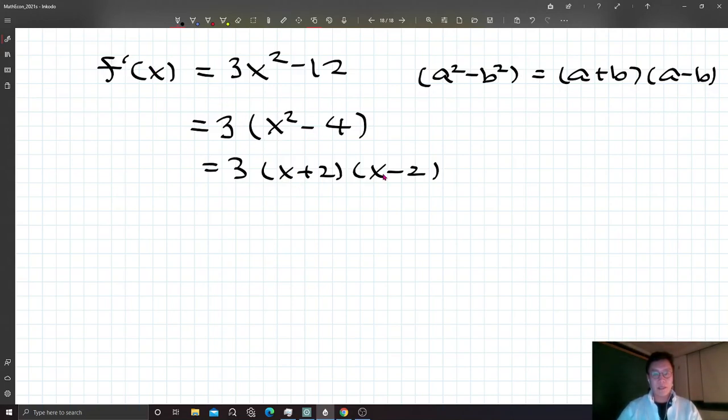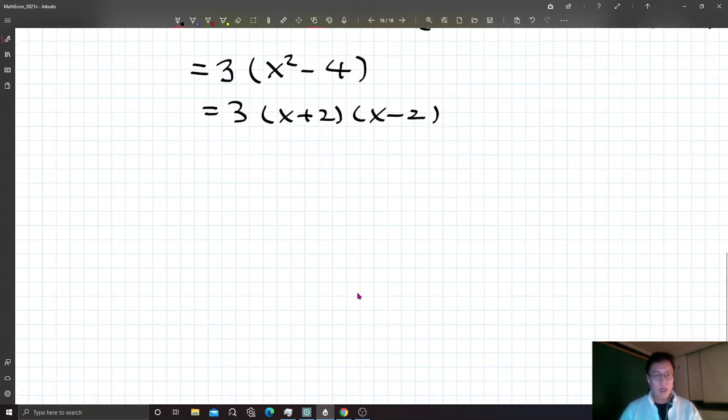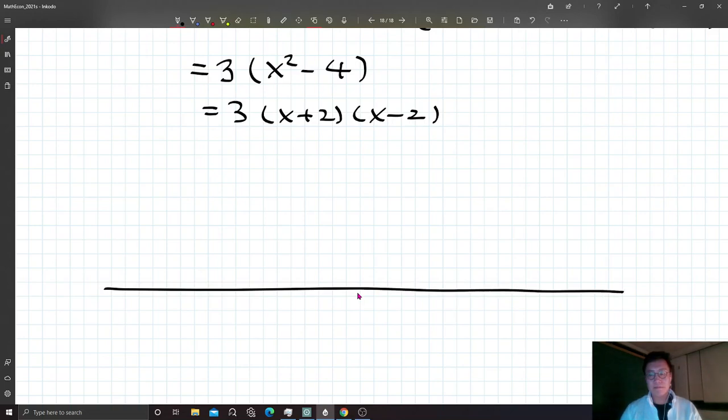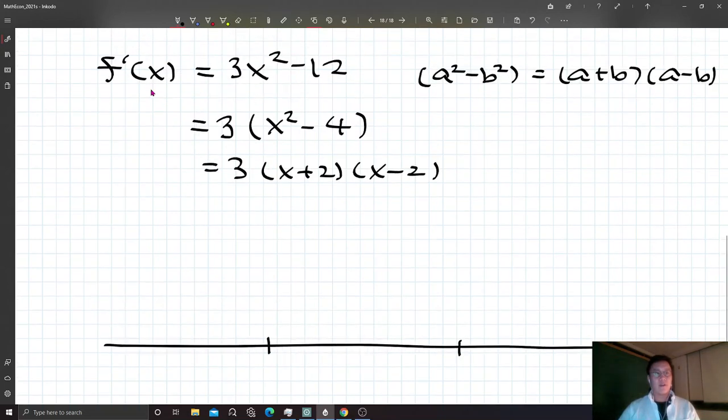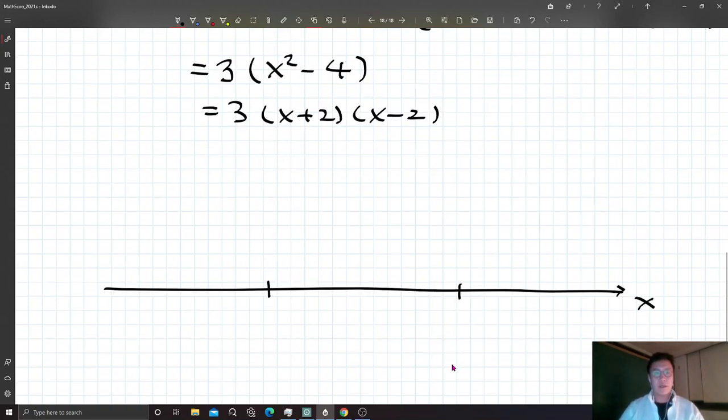We can see that there are two critical points, 2 and negative 2. So let me draw the horizontal line. It is a horizontal axis, so it stands for the value of x. And we have here two critical points, at which the sign of the derivative will change, negative 2 and 2. Okay?